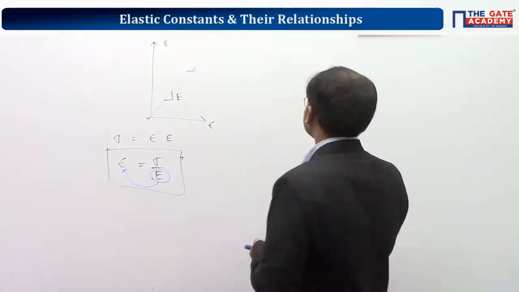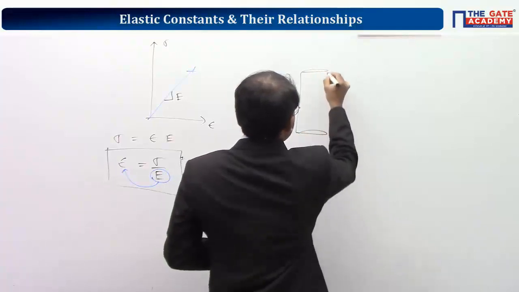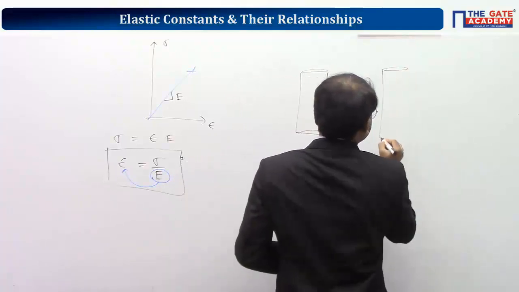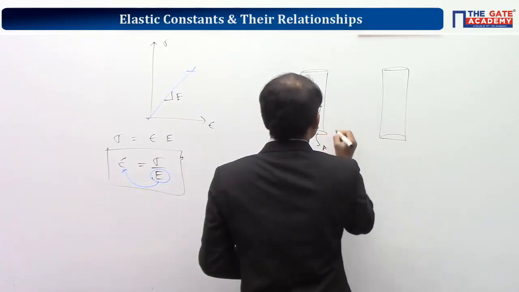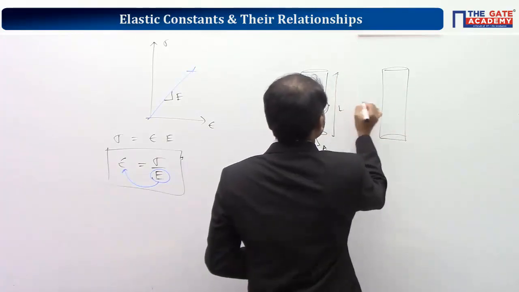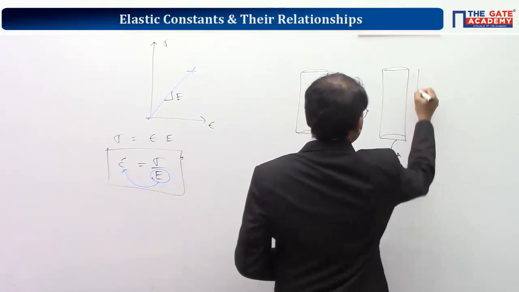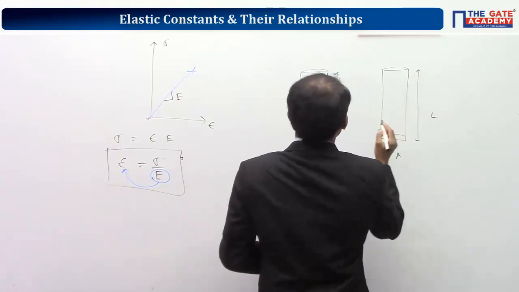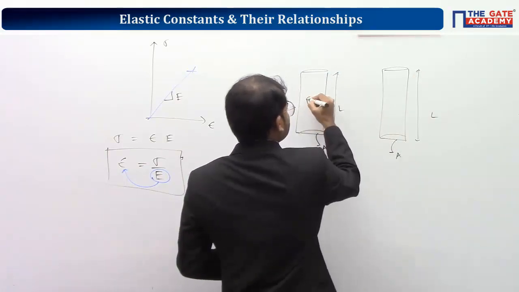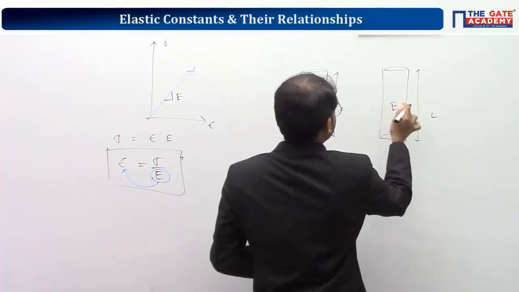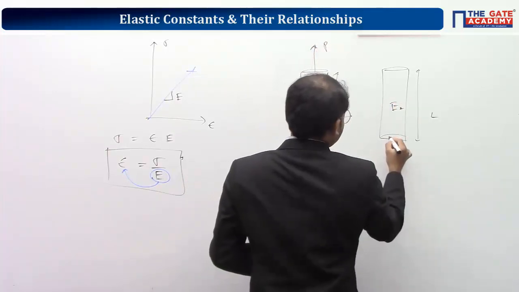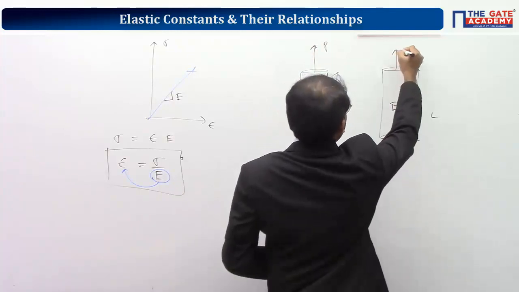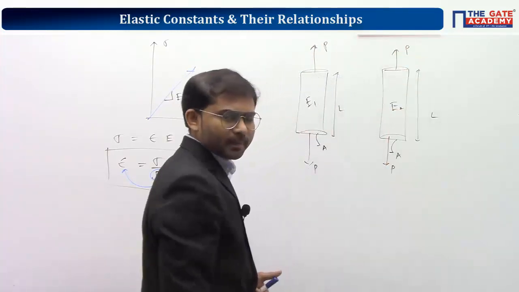For example, take two cases where dimensionally both are the same. Area is the same, length is the same, everything is the same for both components, but the only difference is that Young's modulus is different. E1 and E2 are different. Let's assume we apply the same load P. The area is also the same, so we have the same value of stress.